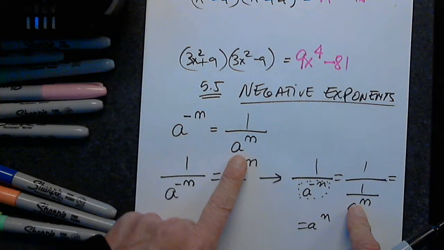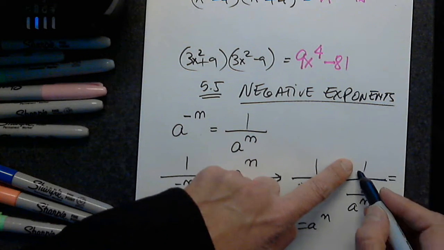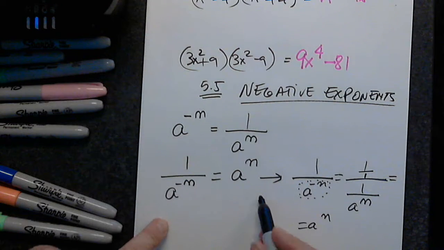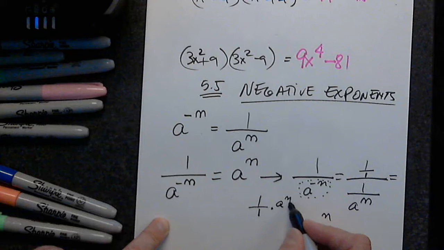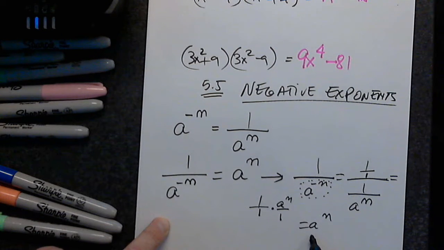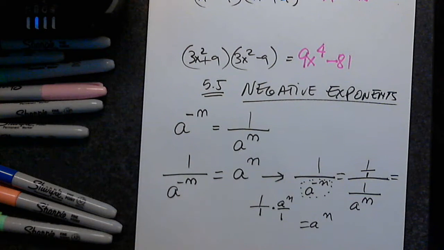Then I divide the numerator, 1 over 1, and multiply it by a to the n over 1. And that's how I get a to the n. Because when we divide fractions, we copy the fraction from the top and flip the fraction from the denominator. Here I have 1 over a to the n, and it becomes a to the n over 1.